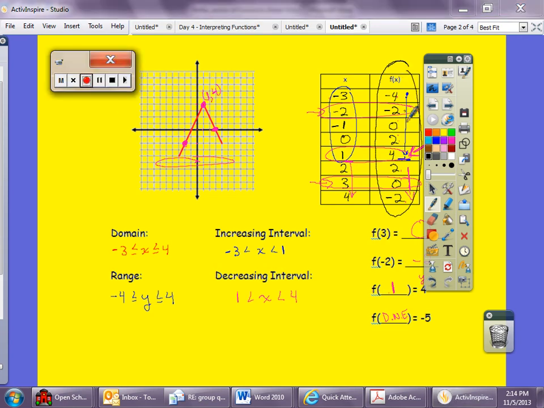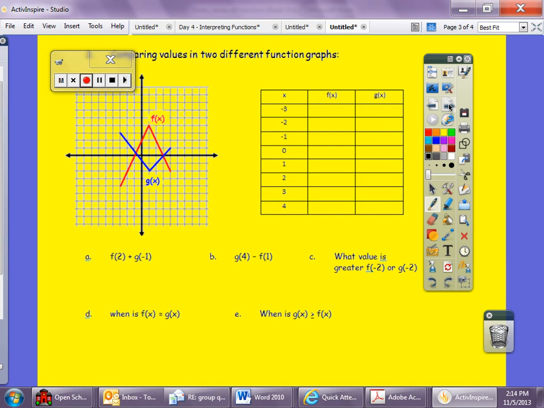So we have negative 4, negative 2, 0, 2, 4, 2, 0, negative 2. We already did f of x.